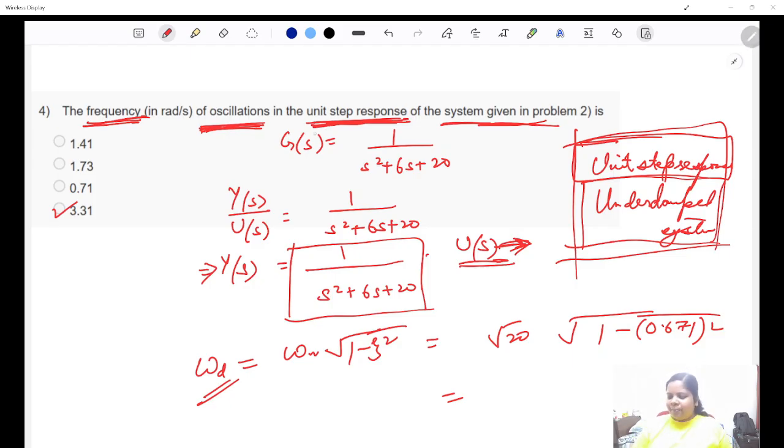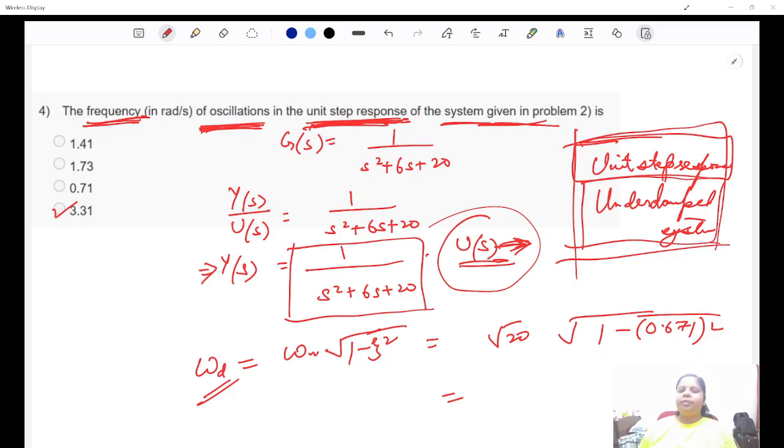So this unit step response had nothing to do with being multiplied over there and finding out by converting into inverse Laplace. Because if we see unit step, what we usually do, we replace U s by 1 by s. But the question is not asking that, right? The question is just asking the frequency. We don't want the response of the system.